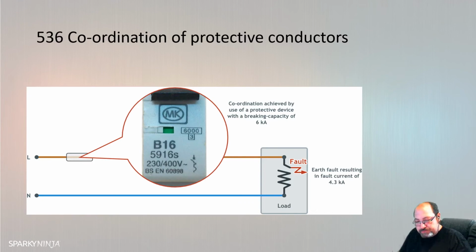And if I go through all of this content in 536, I'm going to be repeating myself a lot, but it's all about selectivity. Understanding the importance of selectivity with overcurrent protective devices. If you look at 536.1, you can see that there's a point of fault under overcurrent protective device 21.